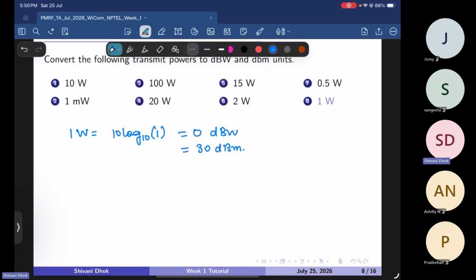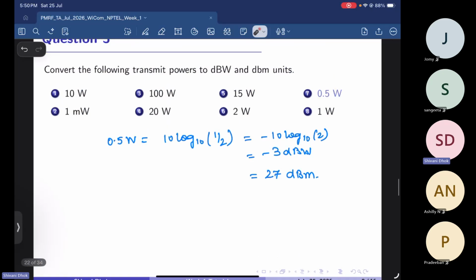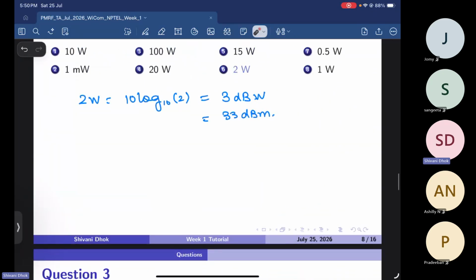Okay, so now 1 watt corresponds to 30 dBm, 0 dBW. When you had 2 watts, you are getting 3 dBW. So when you double your power, you get a 3 dB gain.